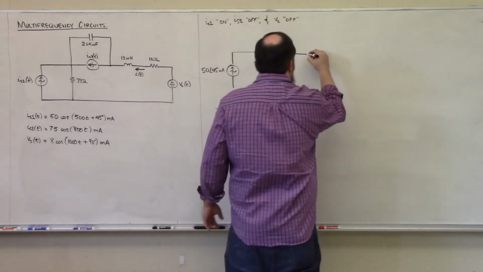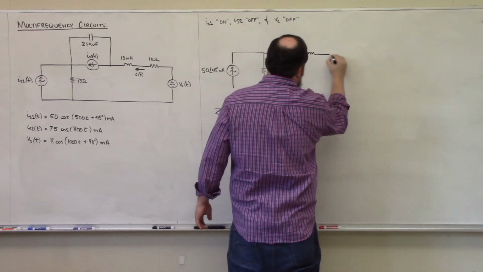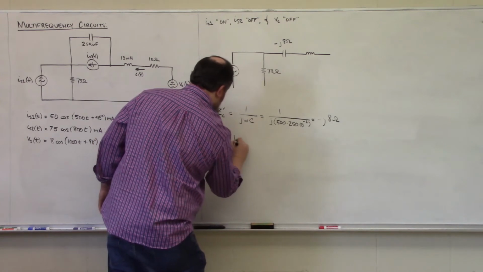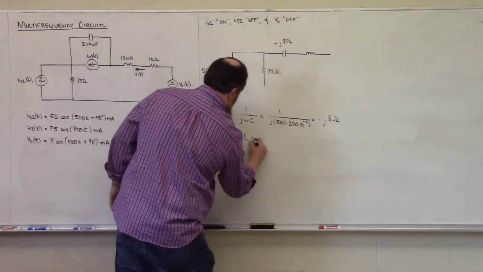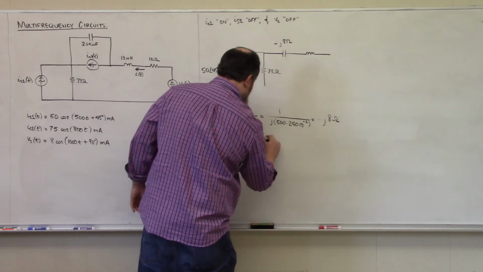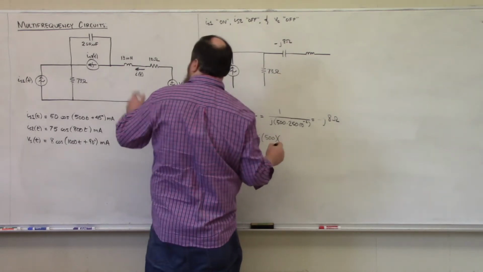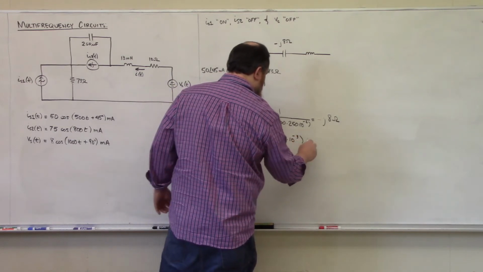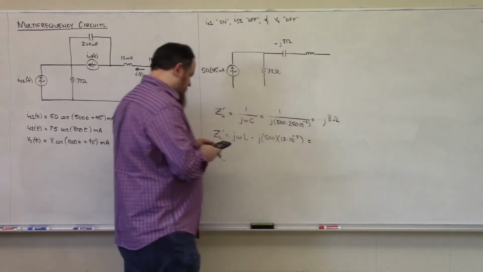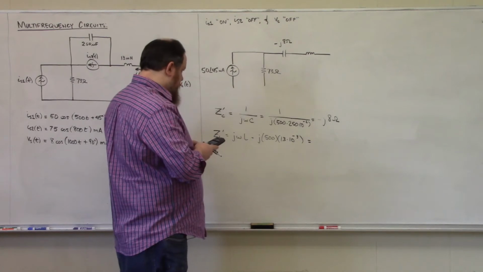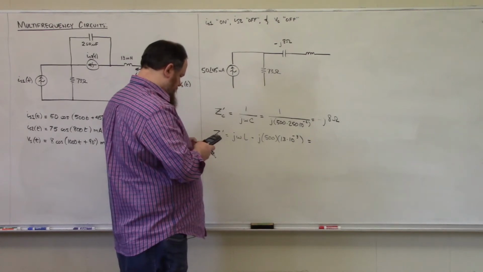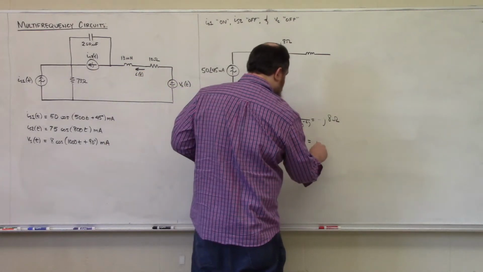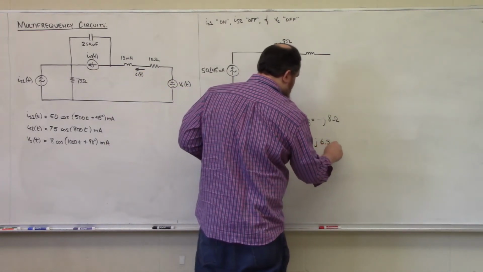Then I'm going to have my inductor, where ZL prime will be j omega L. So that's j times 500 times 13 times 10 to the minus 3. So that's positive j6.5.